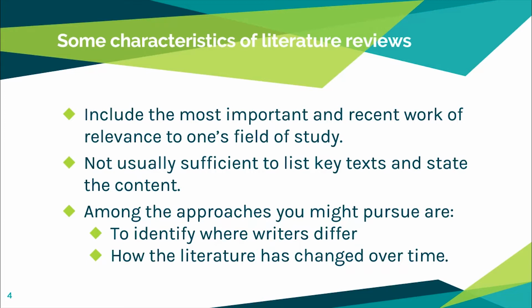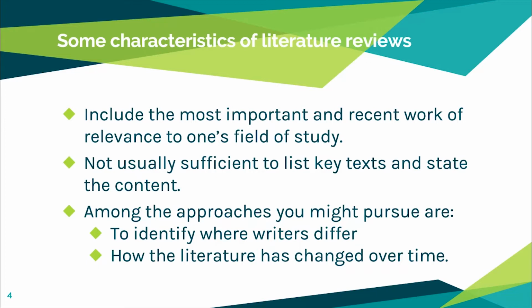Okay. So the second characteristic of a literature review is it is not usually sufficient to list key texts and state the content. And finally, among the approaches you might pursue are to identify where writers differ and how the literature has changed over time.